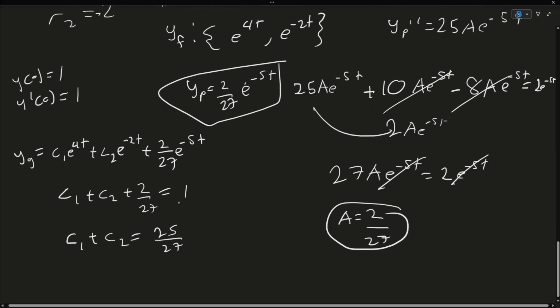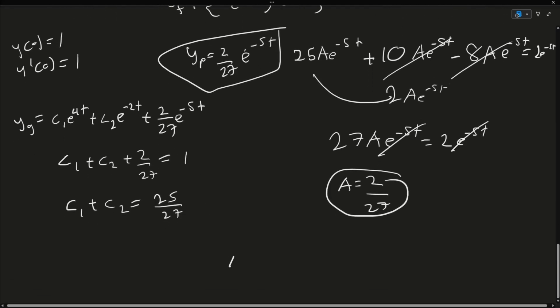Now if we take the first derivative, it will be 4c1 e to the 4t minus 2c2 e to the minus 2t minus 10 over 27 e to the minus 5t.